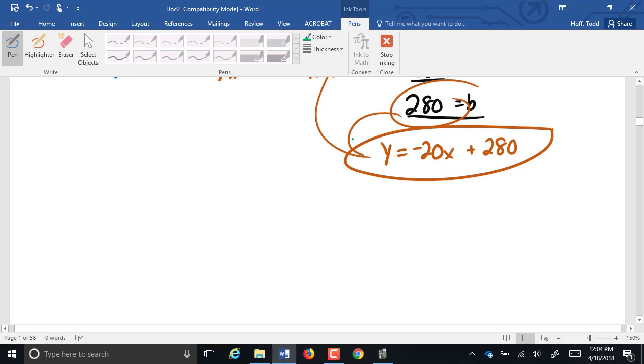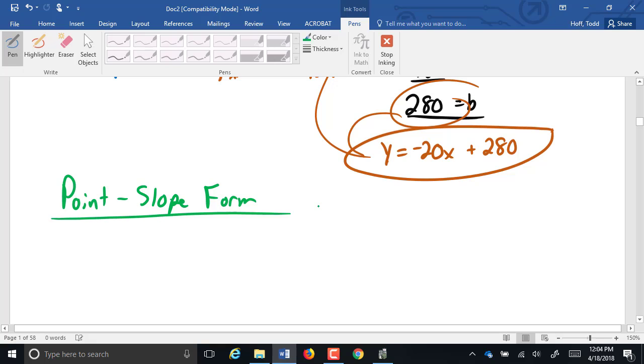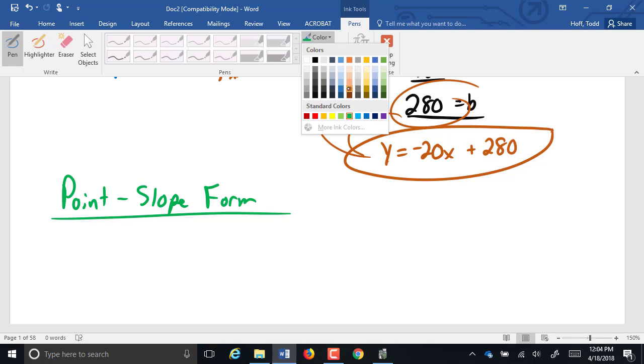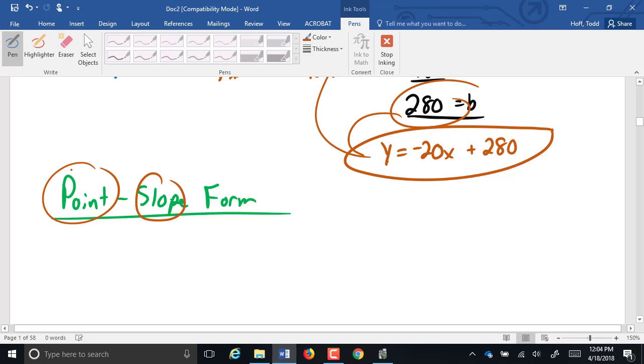There is a form of an equation called point-slope form. In the point-slope form of an equation, all you need is the slope, obviously, and 1 point instead of the intercept.